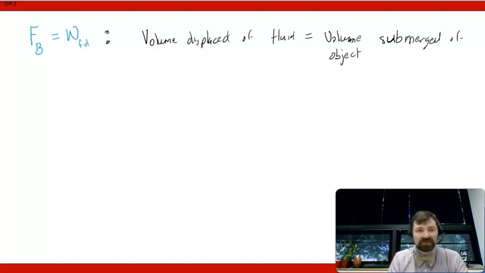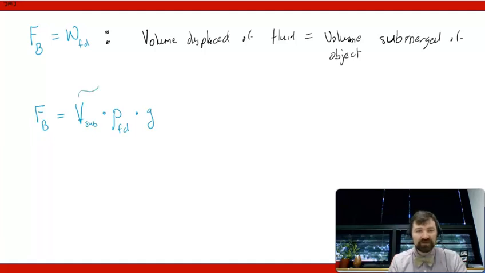So in some sense, this equation can be recast to say that the buoyant force is equal to the volume submerged of the object times the density of the displaced fluid times the free fall acceleration, the local gravity field strength.